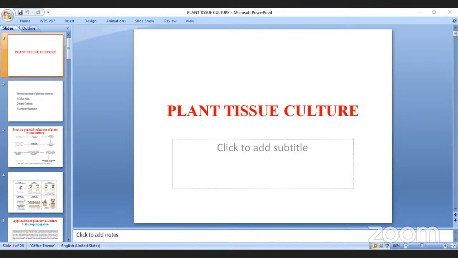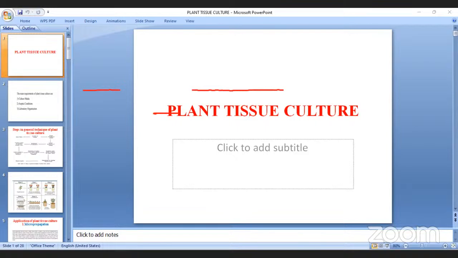Batch culture is grown in a fixed volume of nutrient culture medium. In this culture, cell division and cell growth, coupled with an increase in biomass, occur until one of the factors in the culture environment becomes limiting. For example, we already added some of the nutrients.